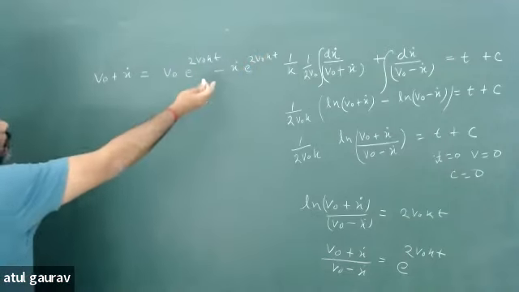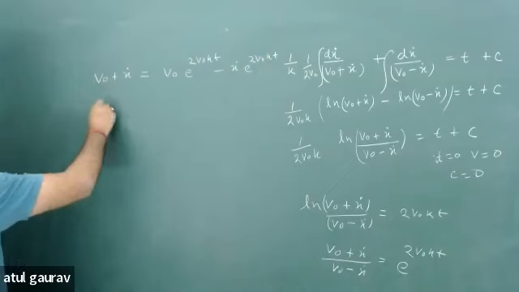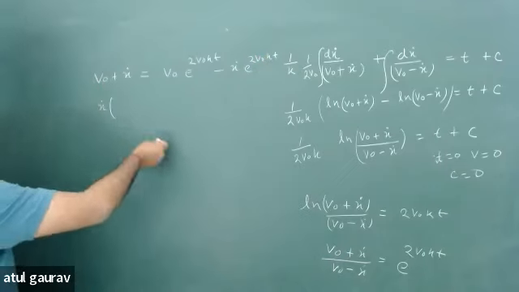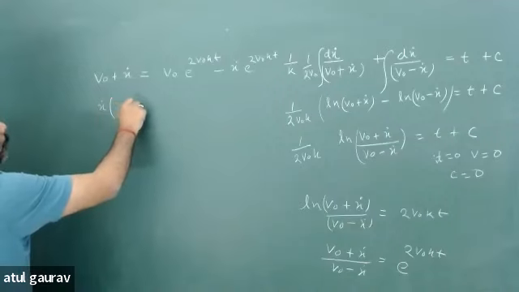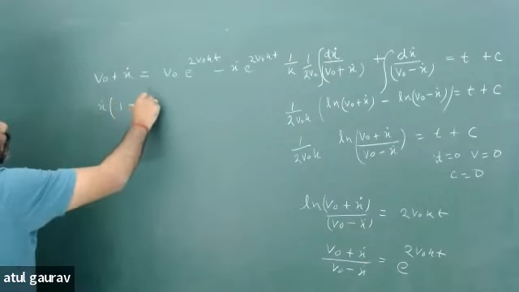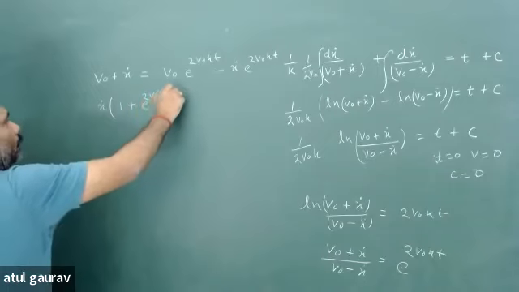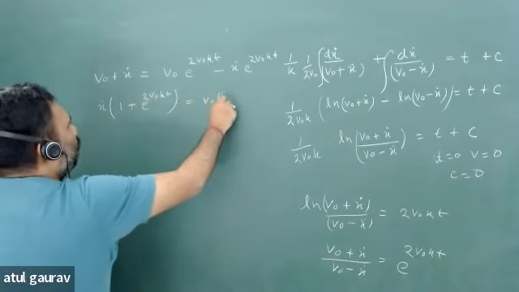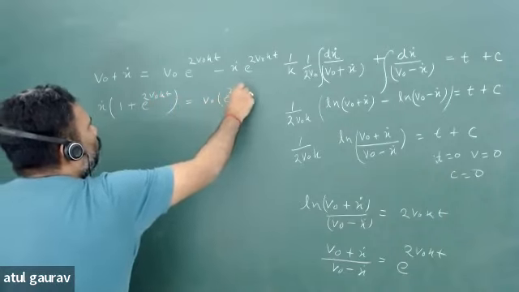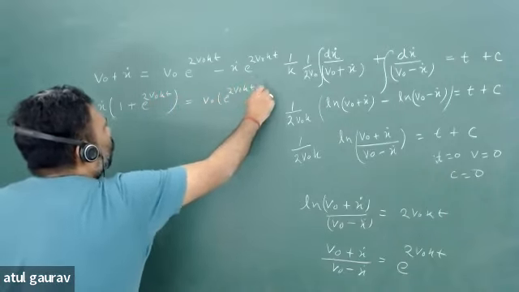And what you can do, you can take it into this side. So we have x dot and we have 1 plus e to the power 2 v naught kt, and here we have v naught common, e to the power 2 v naught kt minus 1.